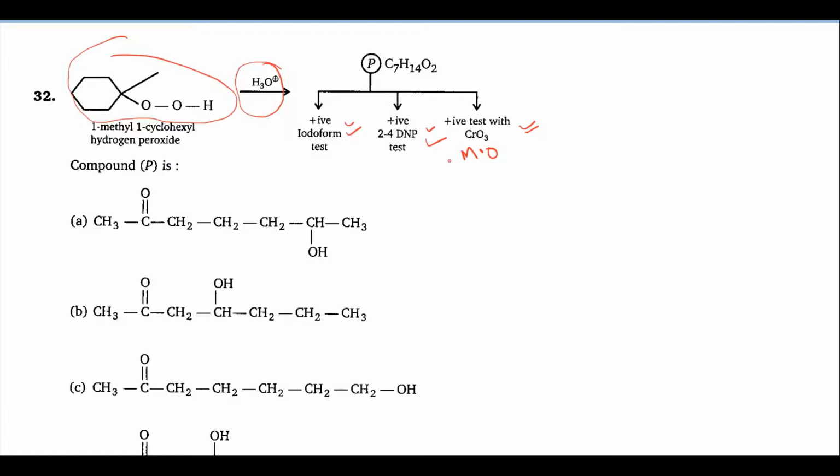First of all, consider the positive iodoform test. Positive iodoform test means the first option is giving, the second option also giving, the third option also giving, and the fourth option also giving the iodoform test.